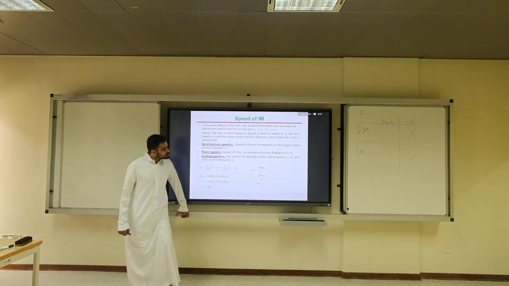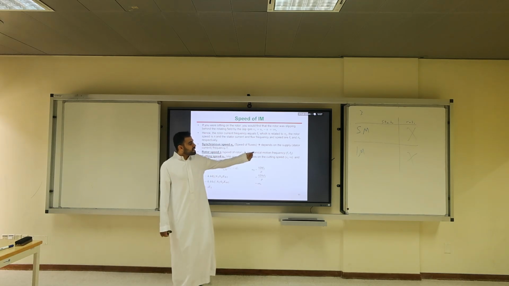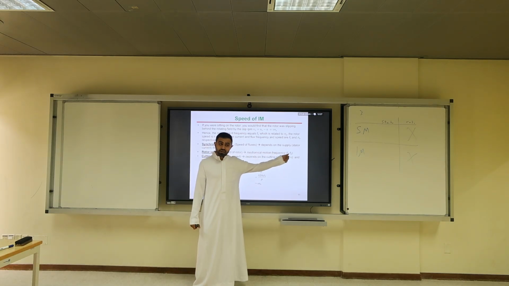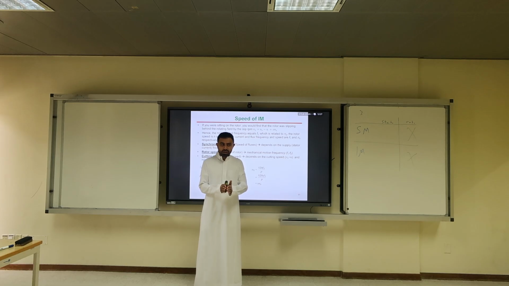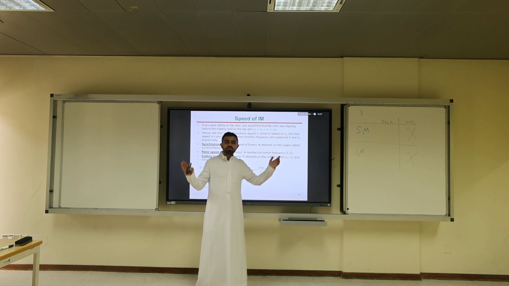The rotor speed. What's the speed of the rotor? The speed of the rotor has to do with the relative electrical frequency between the supply and the induced current in the rotor. So if the frequency of the rotor current increases, we're gonna get the induction machine to act slower until we reach 0 difference, and then it will get 0 slip, and then the current will increase its frequency a little bit or decrease its frequency.